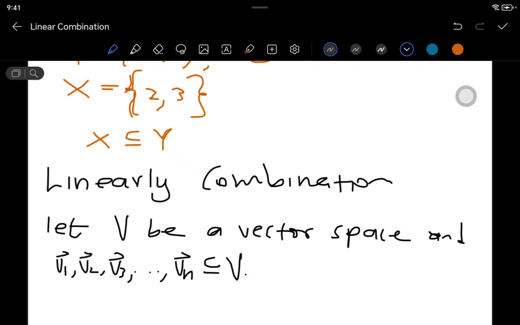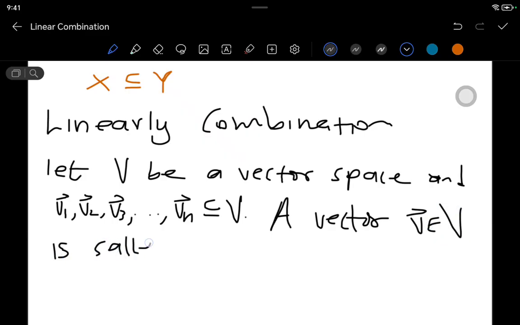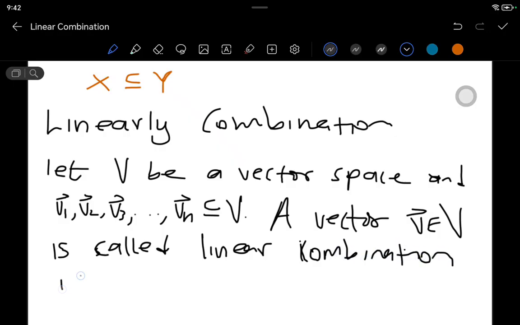If we let this be a subset of V, we can say that a vector V, which is an element of V, is called a linear combination of Vi.